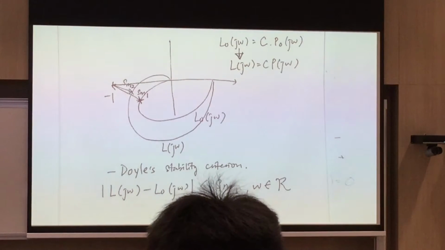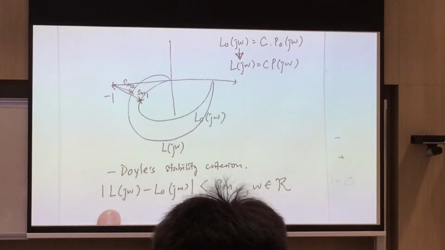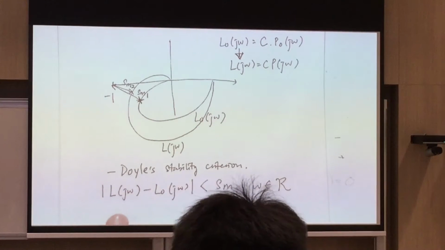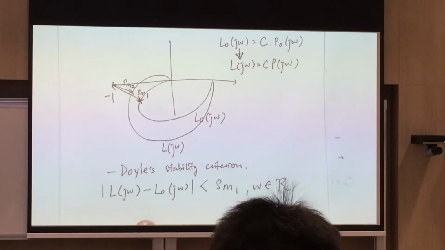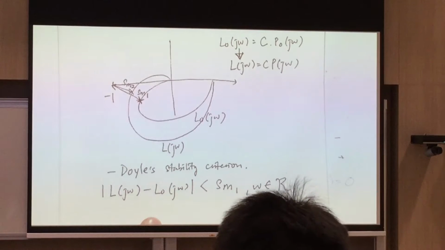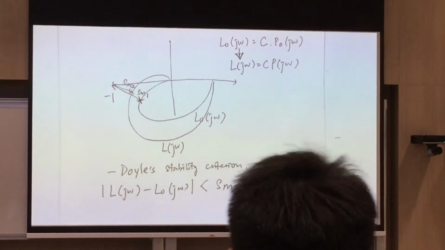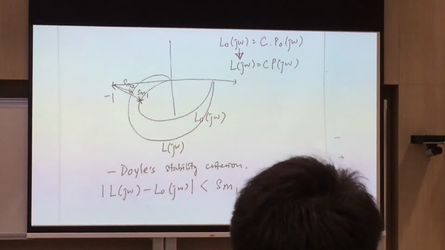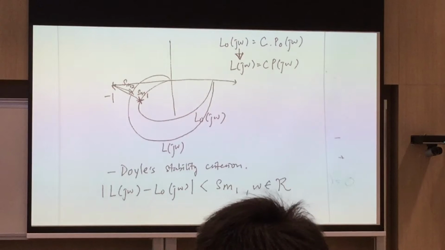Alright, and is it sufficient just to say that you want to ensure the new Nyquist plot, the new open loop transfer function, satisfies this criteria? It's probably not sufficient, right? Because remember we're saying that you want to keep L away from -1. You want to keep 1 over L away from -1 as well. Yes? Alright?